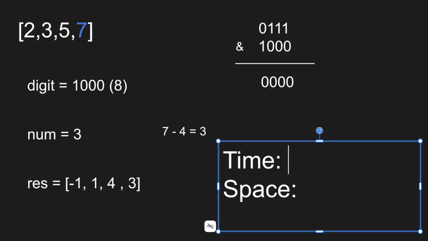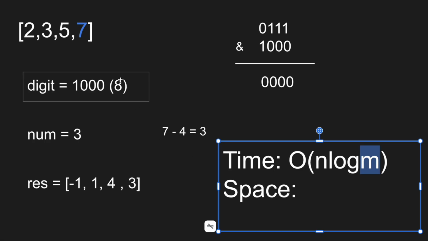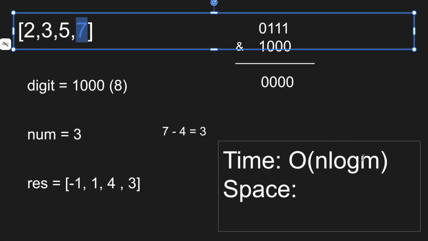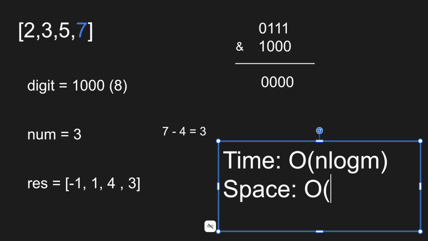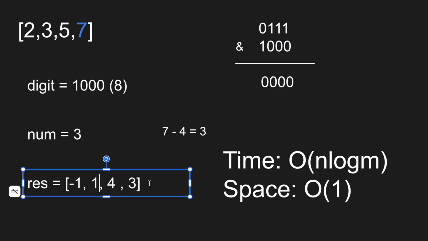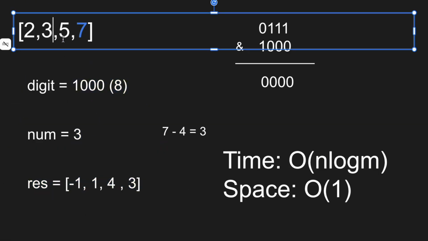The time complexity would be O of n log m, where n is the number of elements in the input array, because that's the number of elements we iterate through, and m is the largest number in the array, but we are iterating through its digits, so it is log m instead of just m. And the space complexity would be O of 1, because the result does not count as extra space since we are returning it, and the size of these variables will not depend on the input of the problem.